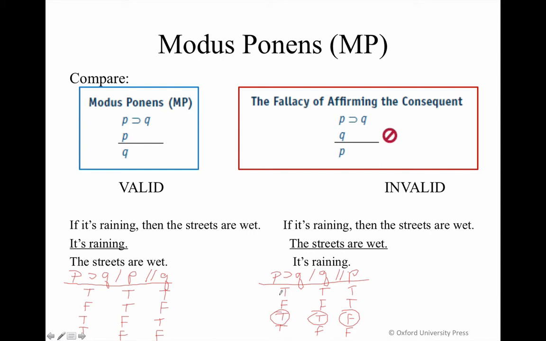Since there's no other possible way for this argument to play out, we've exhausted the logical possibilities, and we've seen that this argument fails. Similarly, with modus ponens, we see that there's no other way for this argument to play out, and since there's never a case where it fails, it's valid, and we use it as a rule of inference.